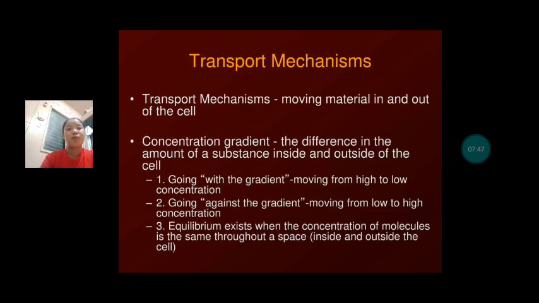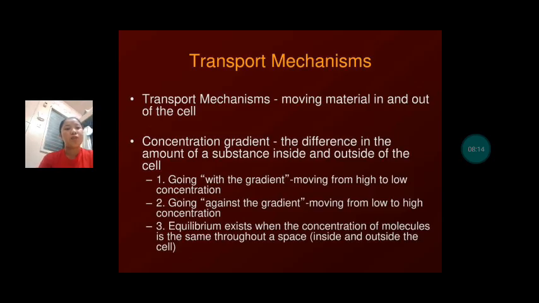So next is the transport mechanism. Transport mechanisms move materials in and out of the cells. Concentration gradients are the difference in the amount of substances inside and outside of the cell.